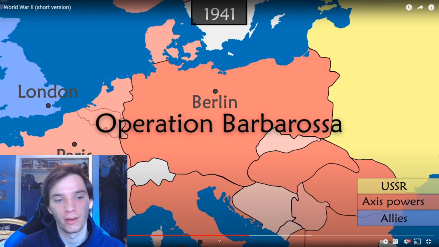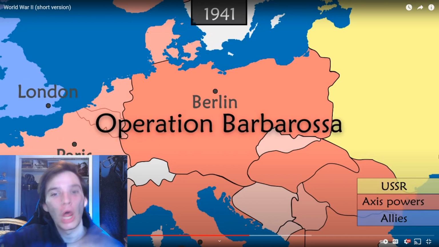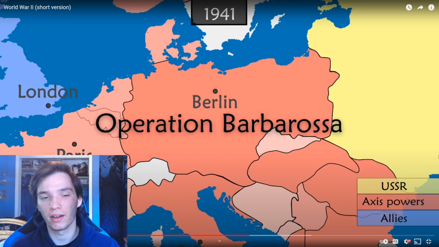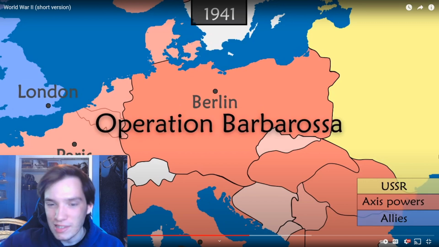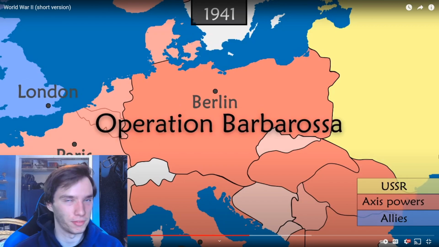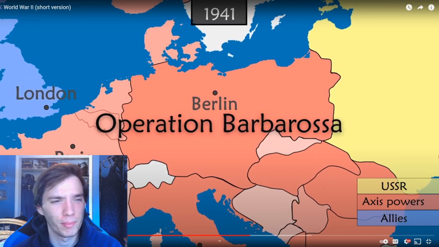That's not getting taken away from that. It's just in the wider scope of the overall conflict, I think it's hard to really tell. They were important, but if they really shifted much of the war in favor of the Allies, I think that's a better way to put it.